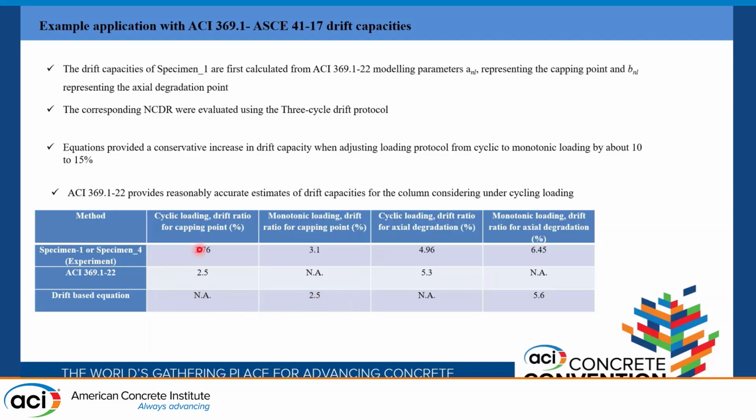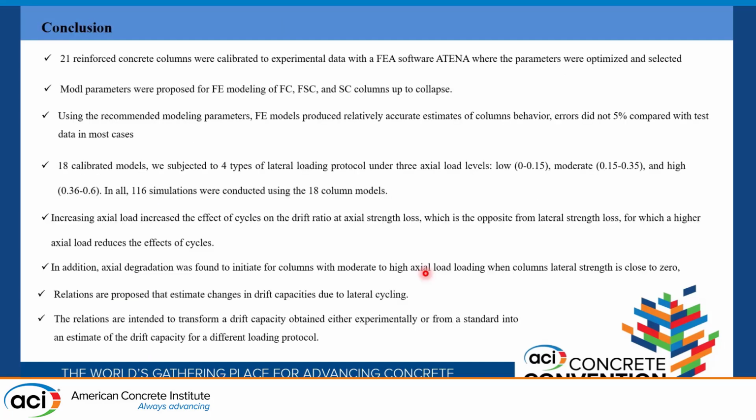You see that for the cyclic 2.5, we got a bit conservative to experimental, and 5.6, we got a bit conservative to experimental. The ACI is doing the same. It's somewhat conservative to experimental. In one of them, it's not conservative, and it's a bit higher than the experimental result, which we are working on right now.